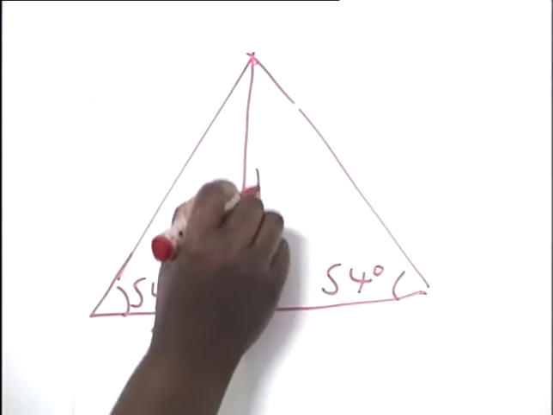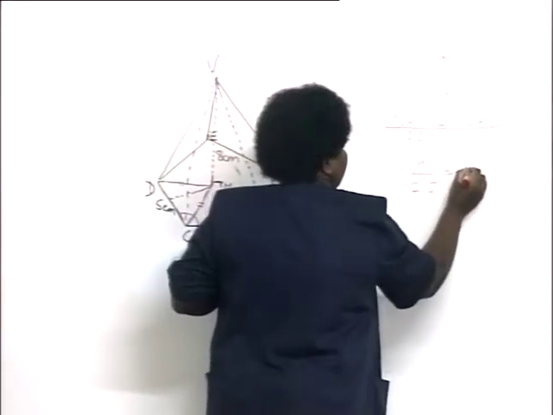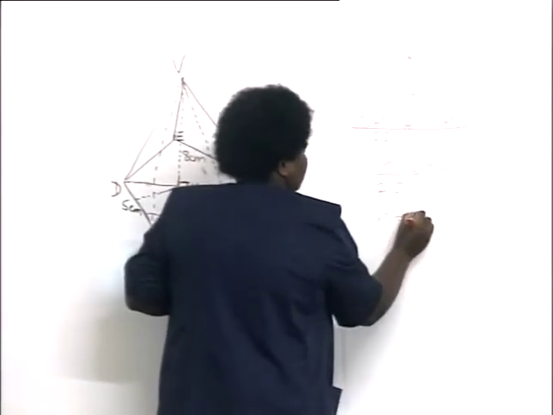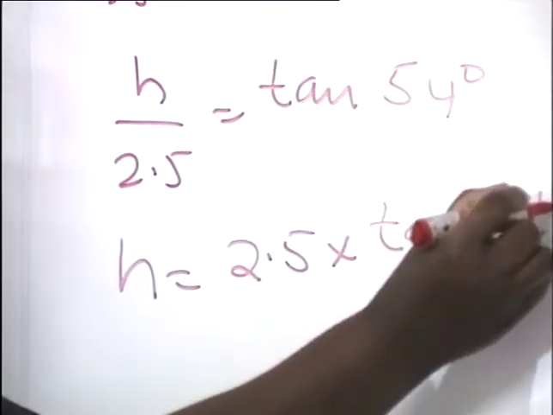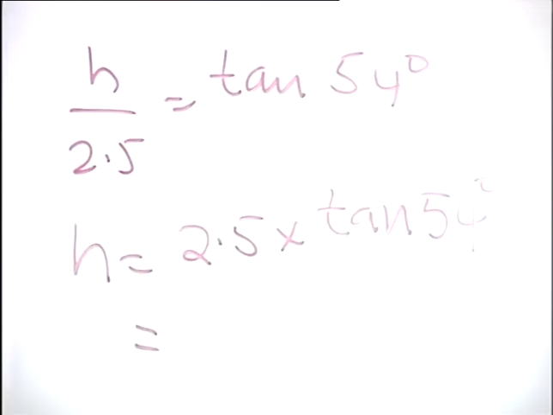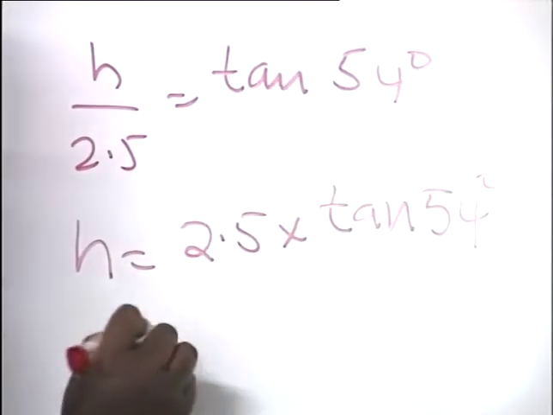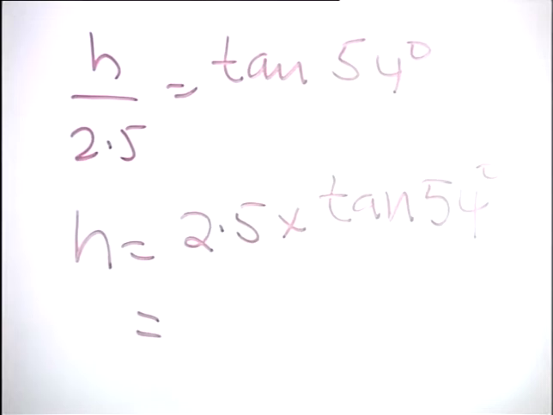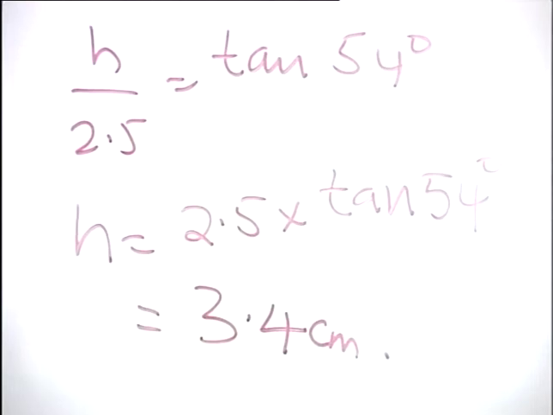So to find this, h over 2.5 is equal to tan of 54 degrees. So h is equal to 2.5 times tan 54 degrees, which is equal to 3.4 to 1 decimal place.